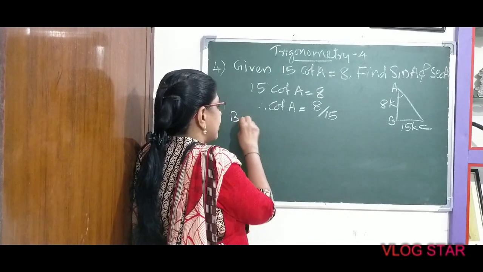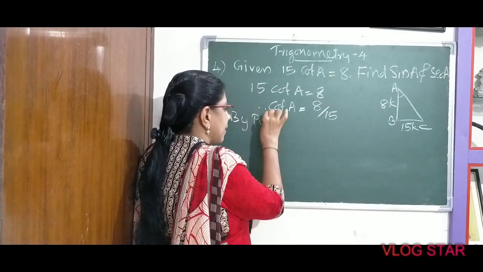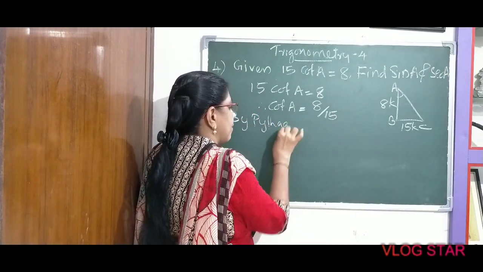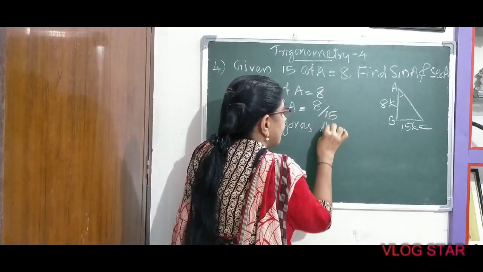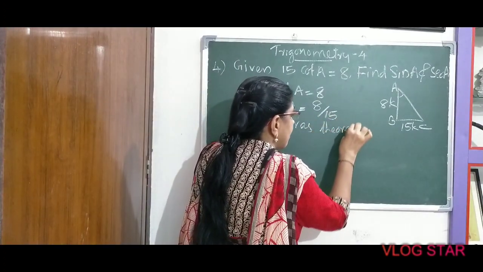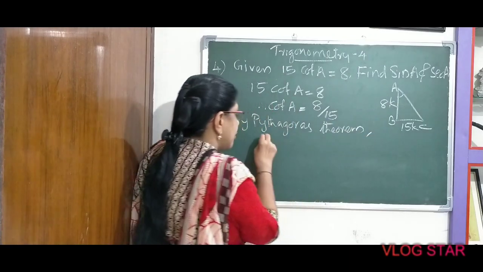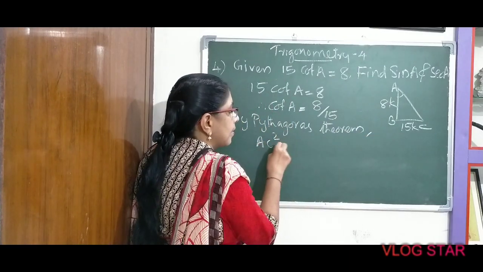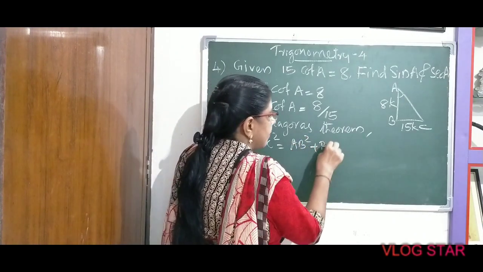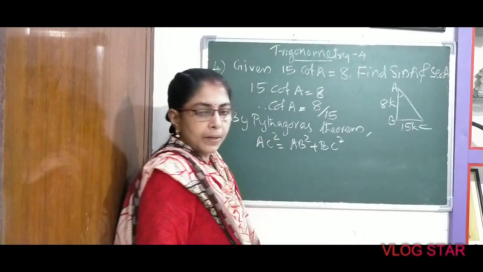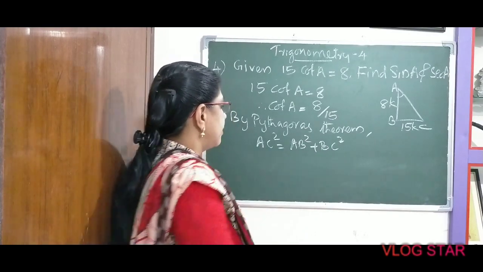Therefore, by the Pythagoras theorem, AC square is equal to AB square plus BC square.